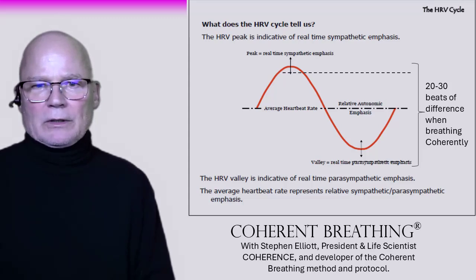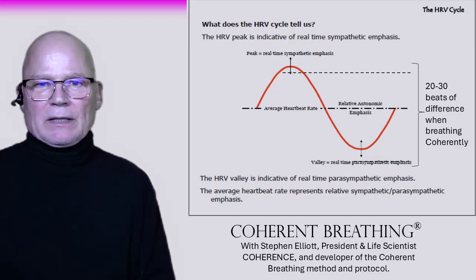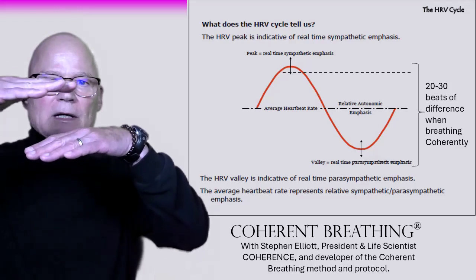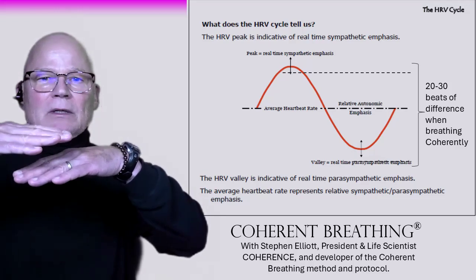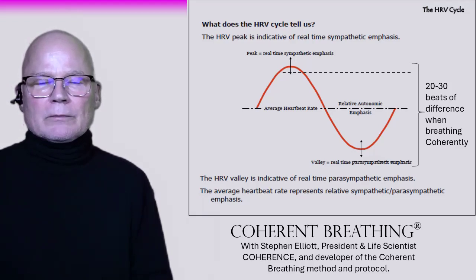You may know that there are other graphs in the New Science of Breath and in Coherent Breathing, the Definitive Method, that make clear that the more rapidly we breathe, the smaller and smaller our heart rate variability cycle or respiratory sinus arrhythmia cycle becomes. This is natural. The body has to work this way in order to generate energy for work, to accomplish anything.